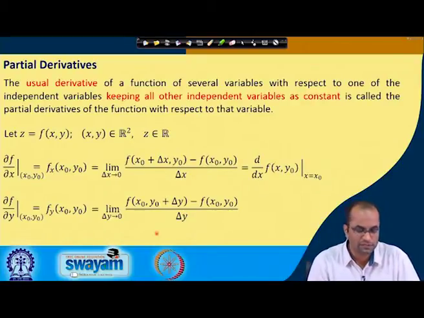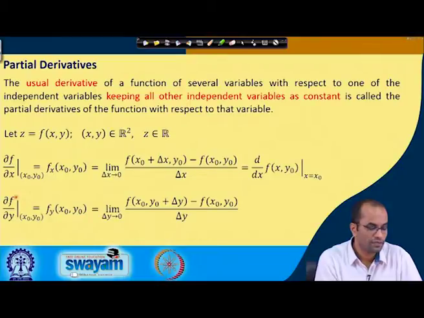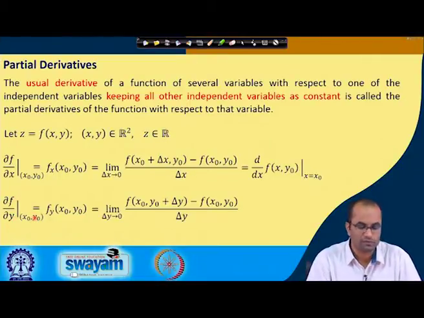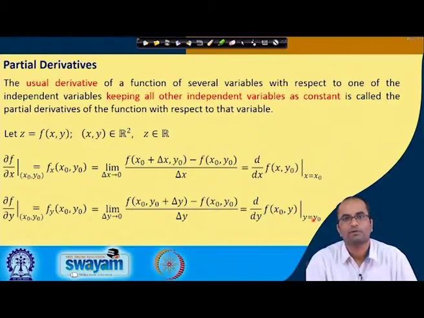Again, if this limit exists, we say the partial derivative exists, and the notation is f_y(x0, y0) or del f over del y at (x0, y0). Again, fixing x0, we have a function of one variable y, and we can take the usual derivative with respect to y at y equal to y0 later on. This will be the partial derivative with respect to y at the point (x0, y0).